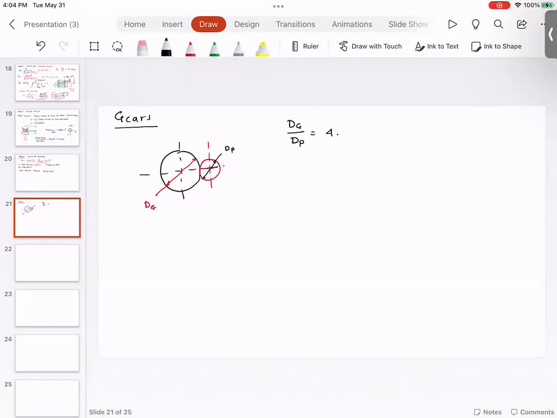One revolution of large wheel will cause 4 revolutions of small or pinion wheel. So this is called as gear ratio or reduction ratio.